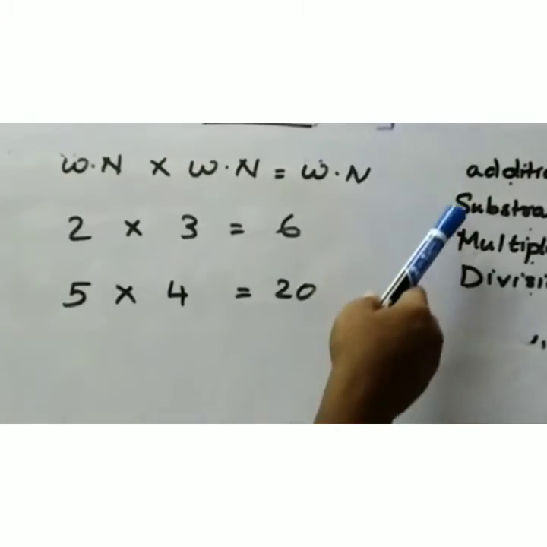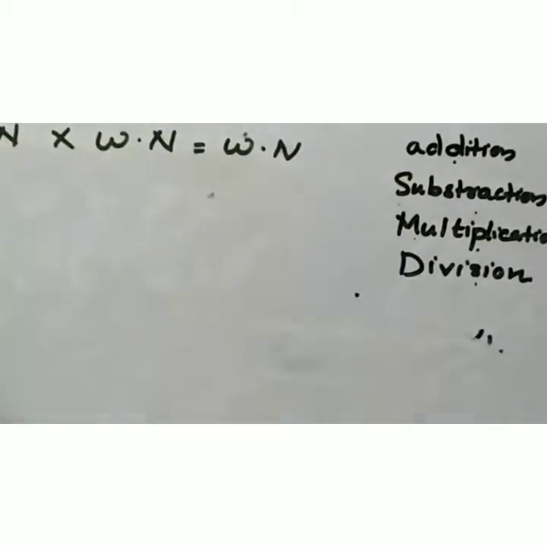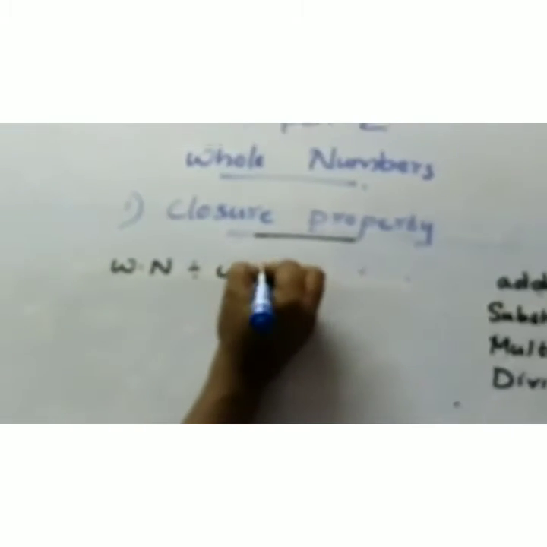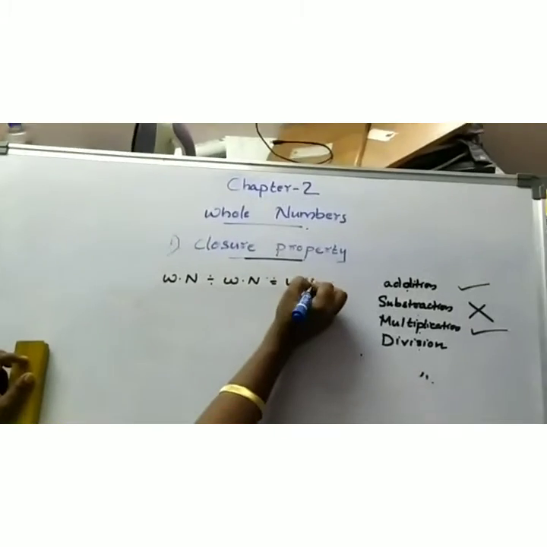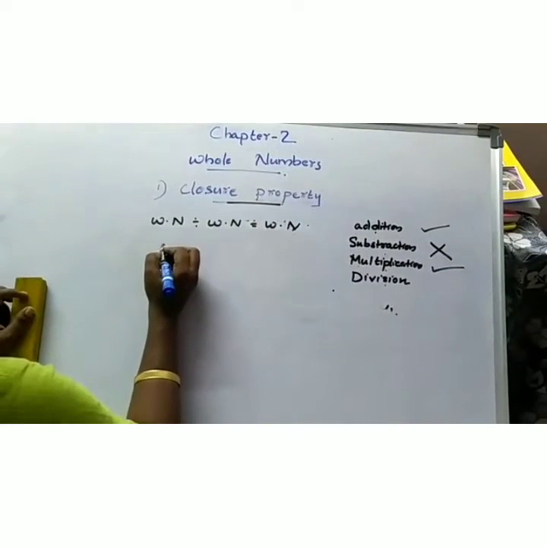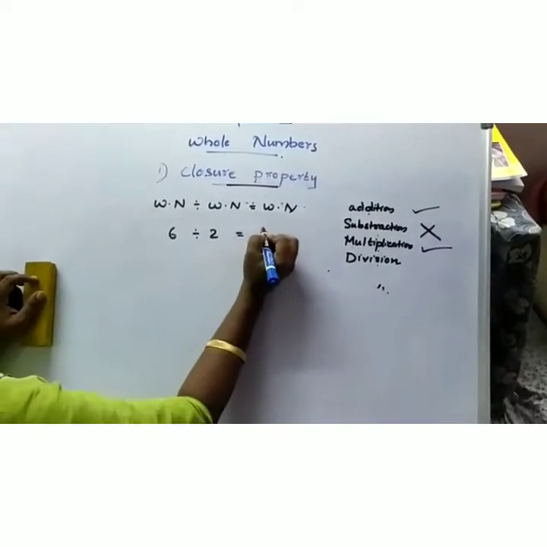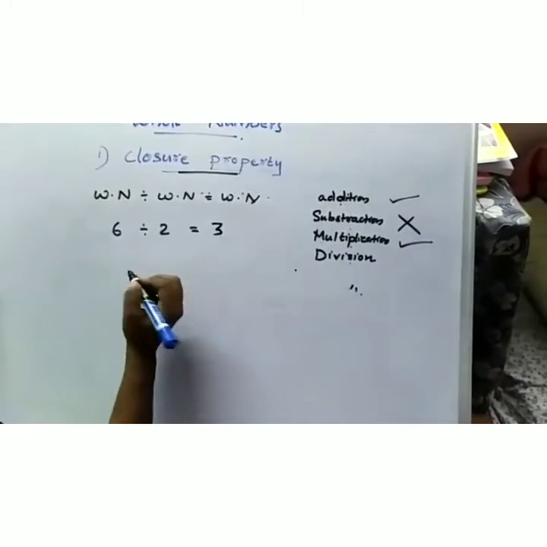In division, the next operation: the whole number divided by whole number is equal to whole number. Division, 6 divided by 2. What's the answer? 3. It's a whole number.